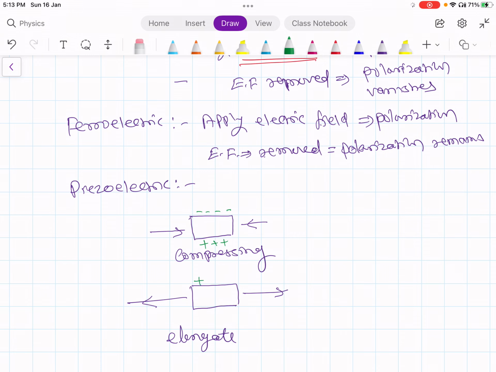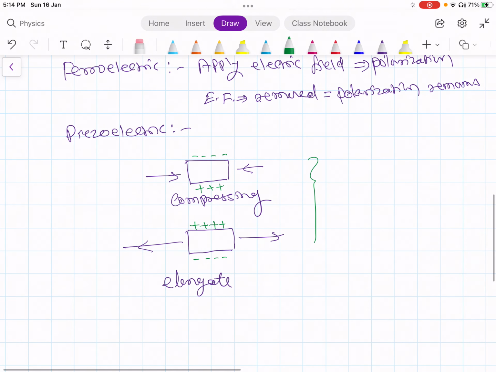Now the positive will develop on the top and negative on the bottom. And this effect is called piezoelectric effect. Piezo means pressure. The pressure produces electric charges. That's why piezoelectric effect.